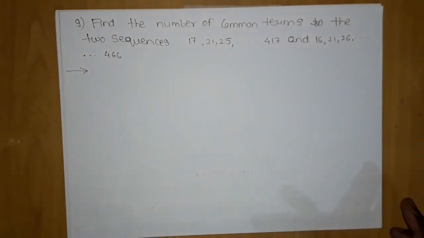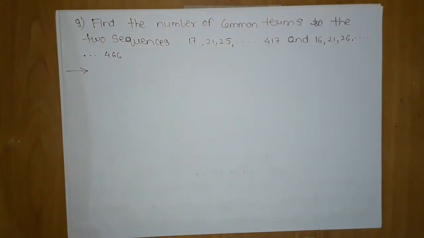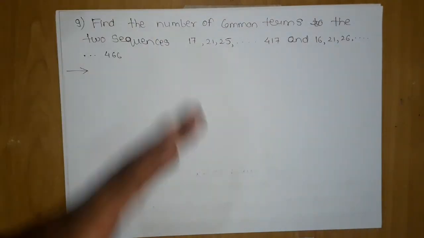The next question is this one, and we have done a similar question like this. Find the number of common terms of the two sequences. In such questions we take the LCM of the common differences of both sequences.